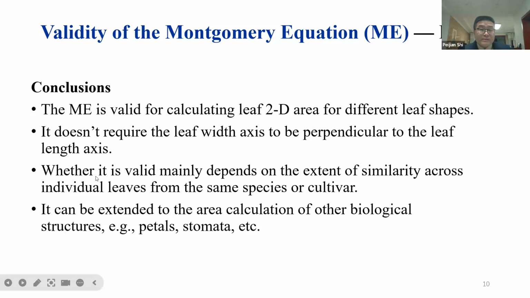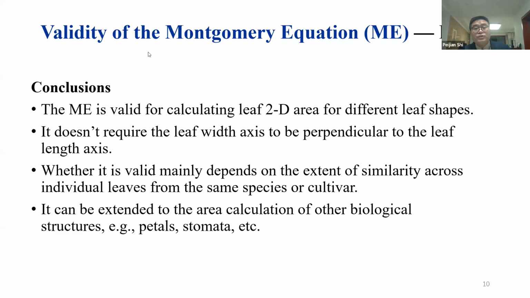Whether the Montgomery equation is valid mainly depends on the extent of similarity across different leaves from the same species or cultivar. This equation can be extended to the area calculation for other biological structures, such as petals, stomata, even insect wings.